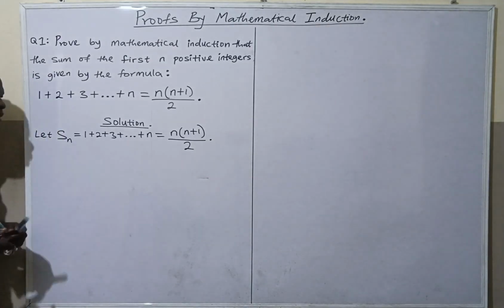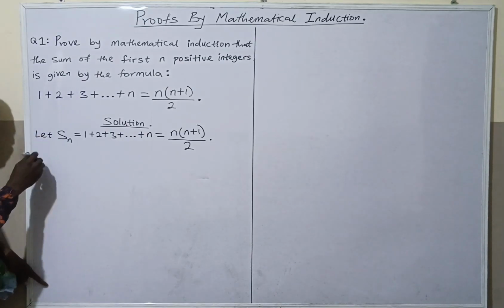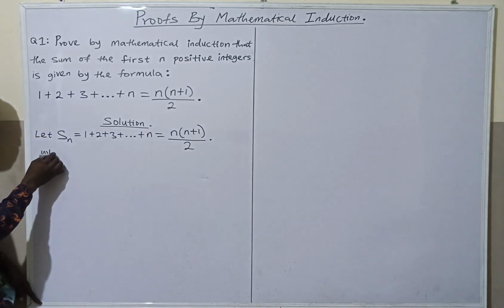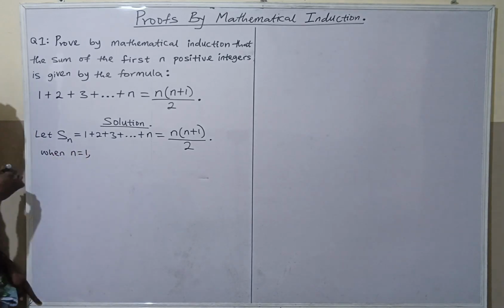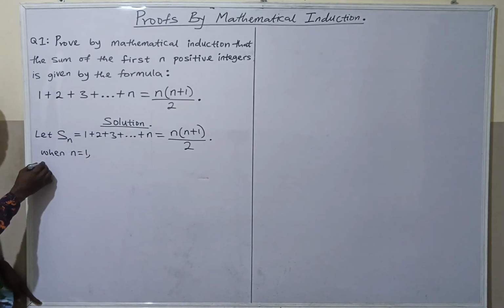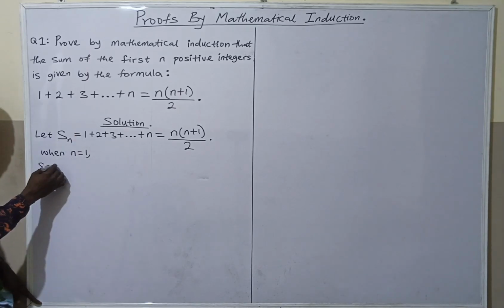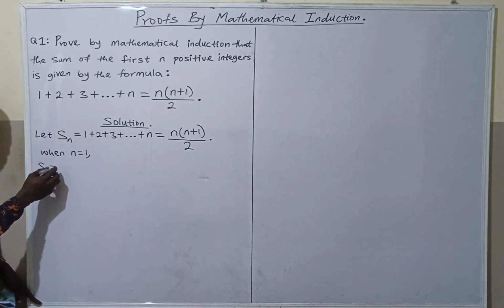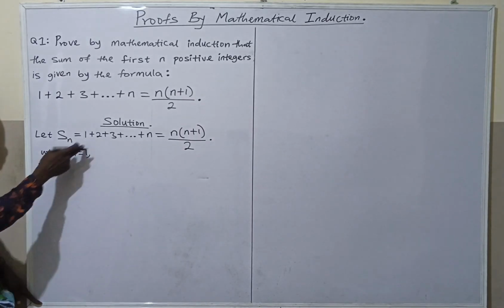Okay, so we are going to see if this formula is going to hold true for when n is equal to 1. So we say when n equals 1, let's see. So what are we going to be having? We'll be having s subscript 1. That's the sum of the first term. And of course, what is the first term here? It's just only 1. So s subscript 1 is equal to 1.